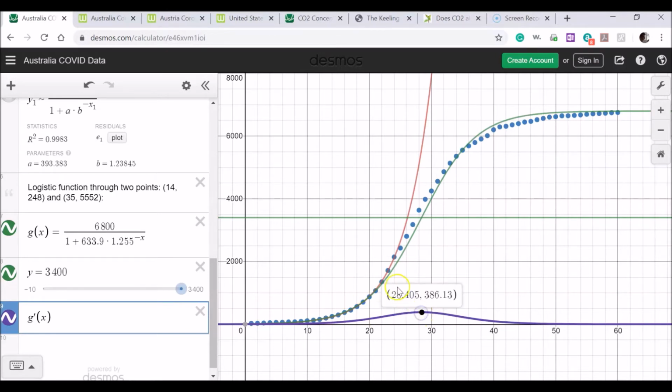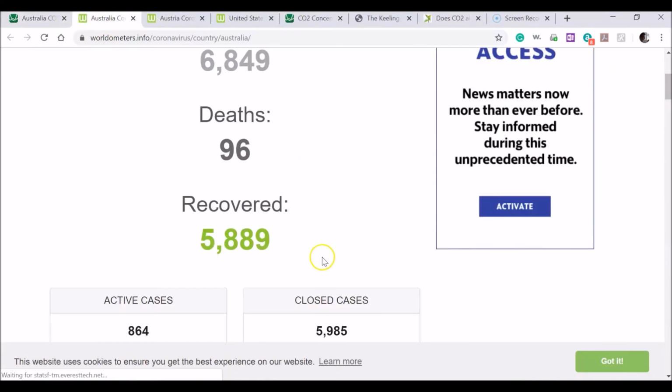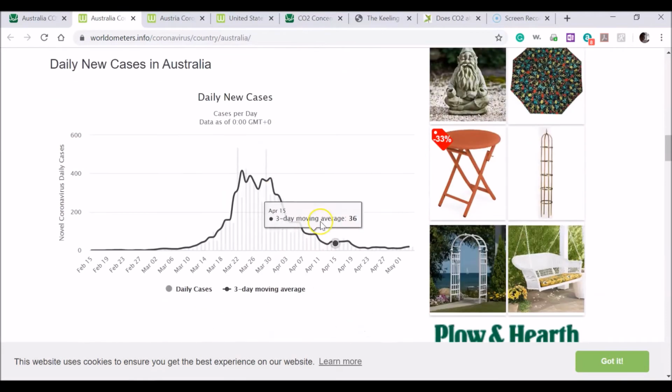And on March 28, that was where the greatest rate of change was. That right there would have been about 386 cases per day. And you can look at this. Here was the actual data, the daily new cases. It's not a perfect curve.